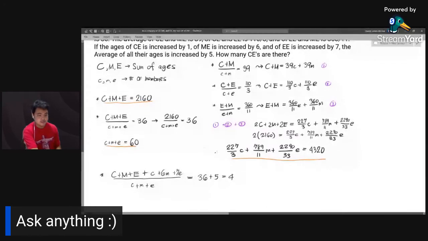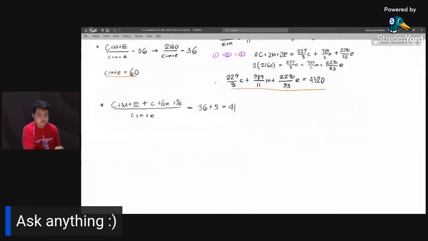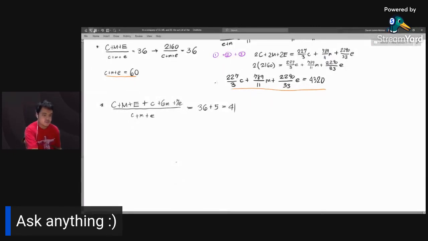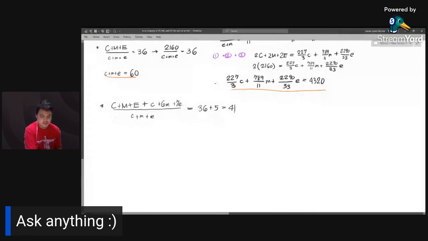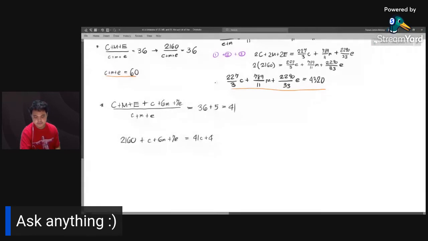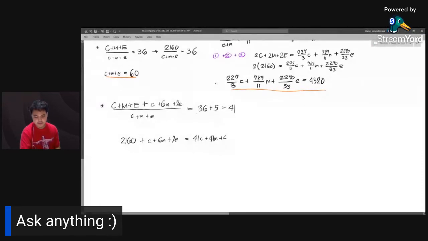Sige. So, this one, 2,160 pa rin yan, di ba? Yan. 2,160 ulit yan. So, we have 2,160 plus C plus 6M plus 7E. Cross-multiply lang natin sa kabila yung denominator. So, we have 41C, 41M, 41E.